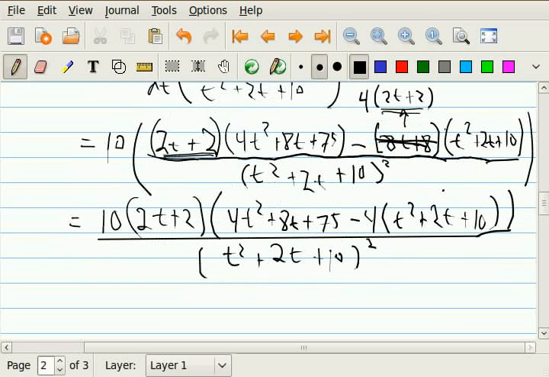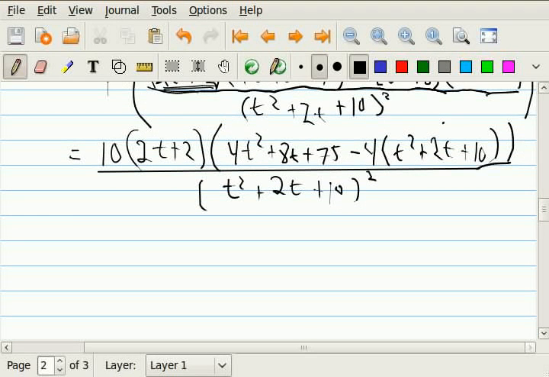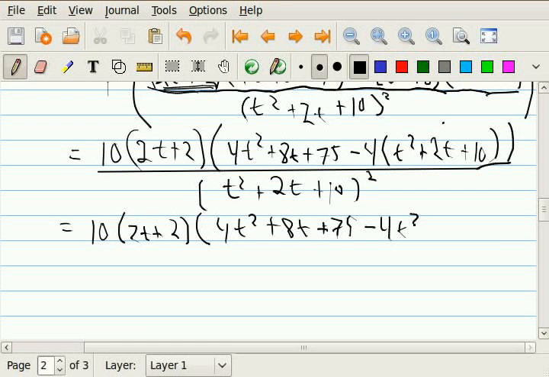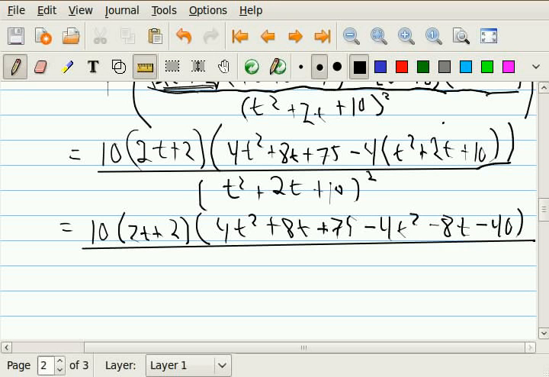So again, I had 10 out here, but then I had two big terms in the numerator. Both of them had a factor of 2t plus 2, so I factor that out, and this is what I have left. And actually, what you'll notice is I think we get 4t squared plus 8t plus 75, minus 4t squared minus 8t minus 40. And that's all over that denominator squared.